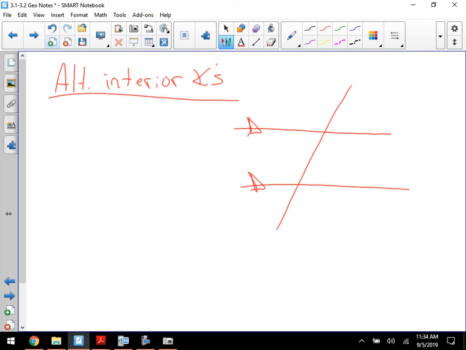Alternate interior, well, when things alternate, they switch, don't they? Yes. Okay. Well, in this case, we're switching. Interior means inside. So I'm switching inside, which means they are angles on opposite sides of the transversal.